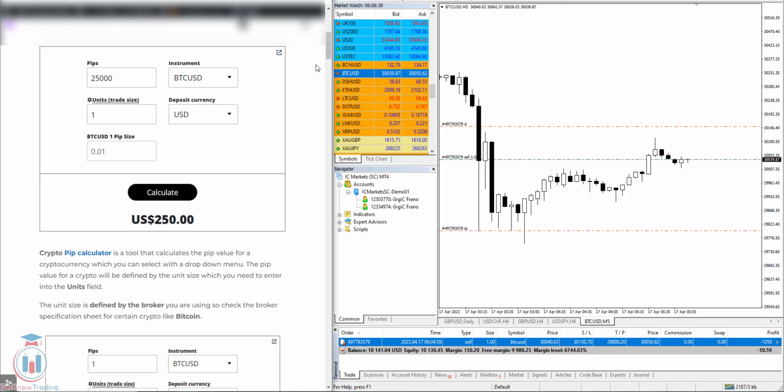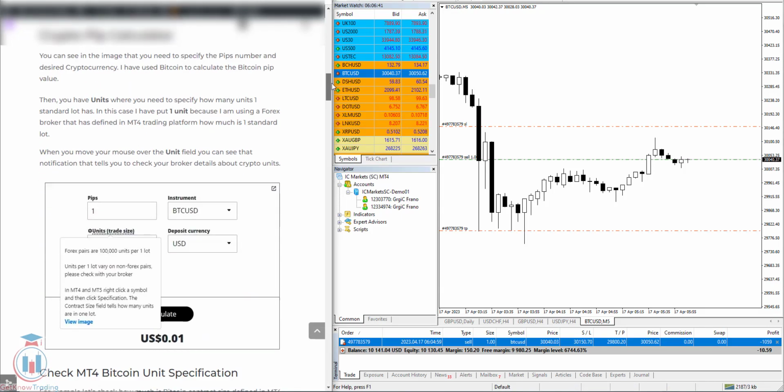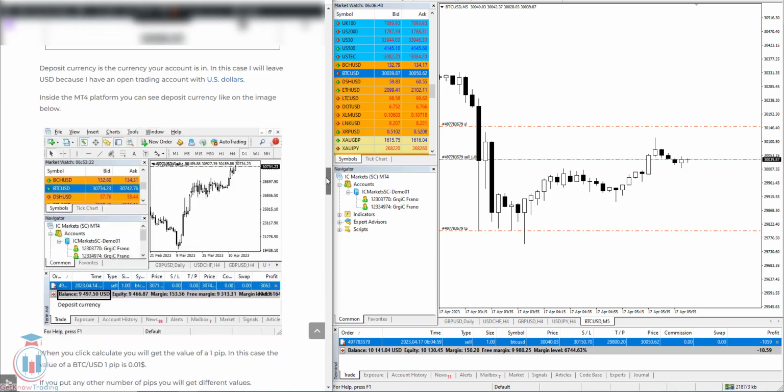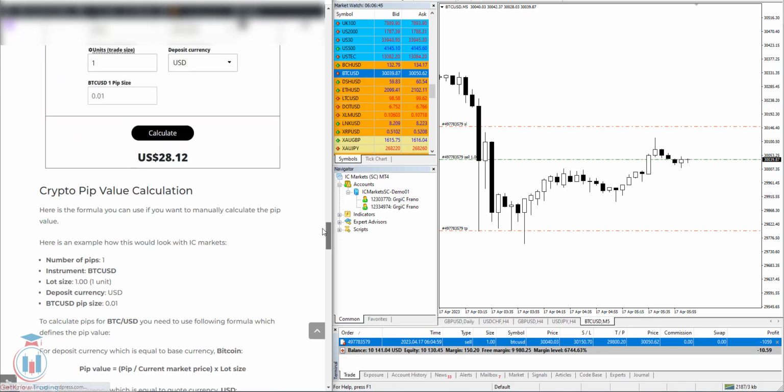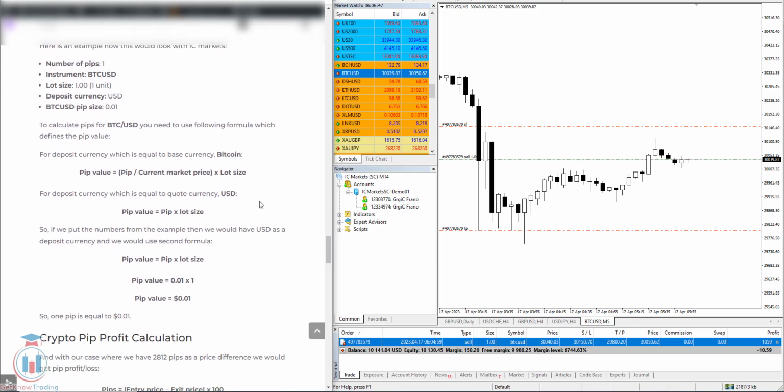You can also use manual calculation, and to do that you can use this article where I show you how to use the values and use your manual calculation to get the pip value. So for example, here it is the number of pips, instrument, lot size, and also deposit currency with a pip size for Bitcoin.